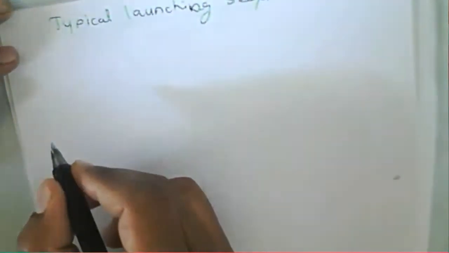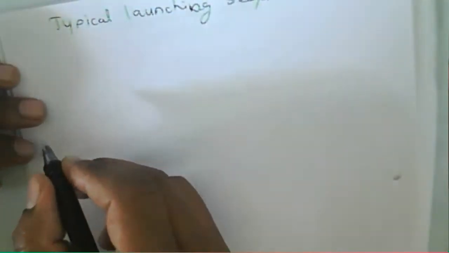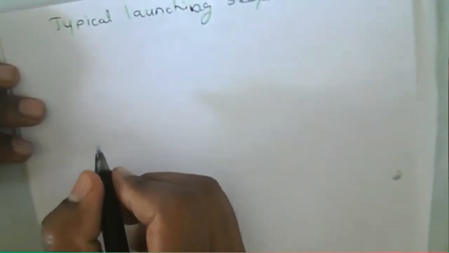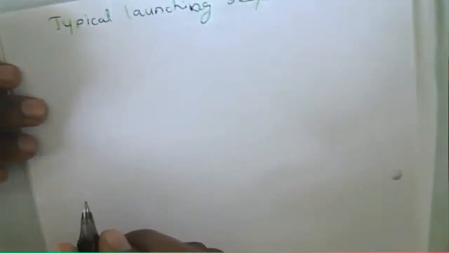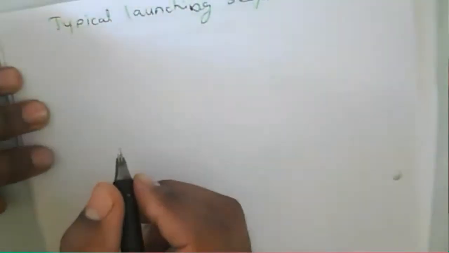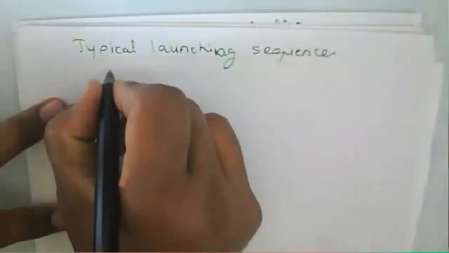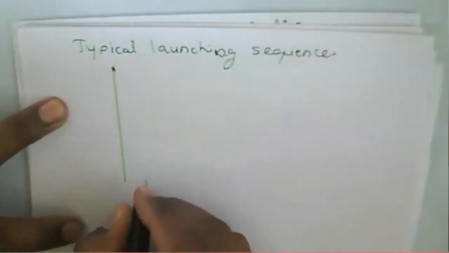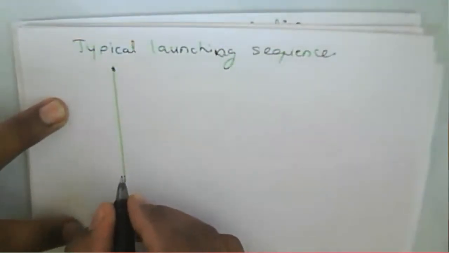So generally, how can we use this launching sequence for acquiring that particular parking orbit, or to transfer your satellite into that particular orbit? How much time is required for the launch vehicle to place your satellite in a given orbit?